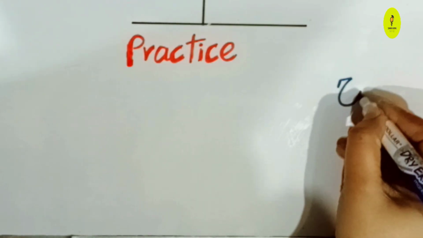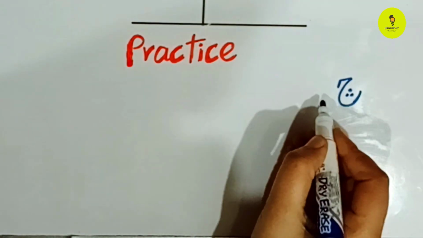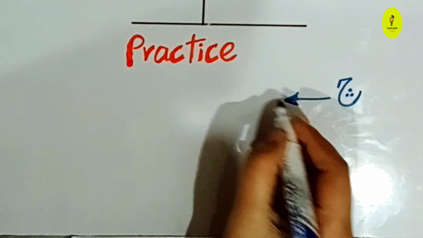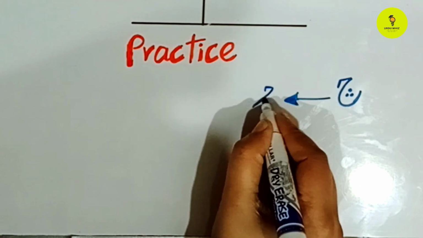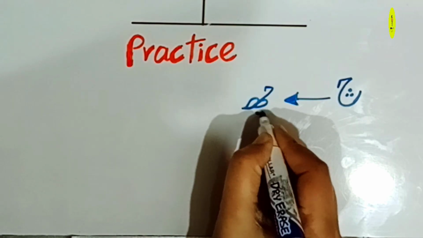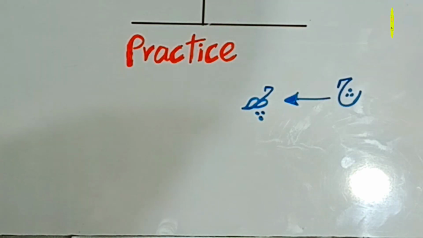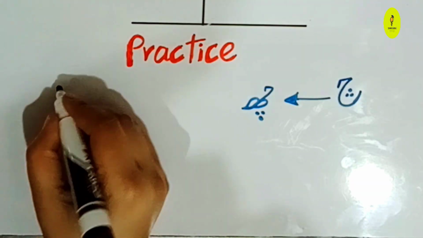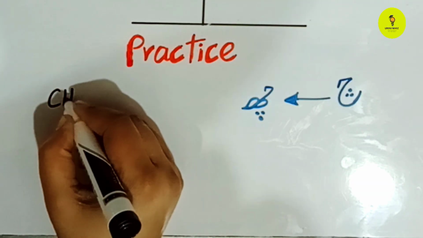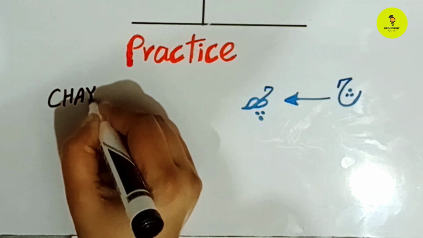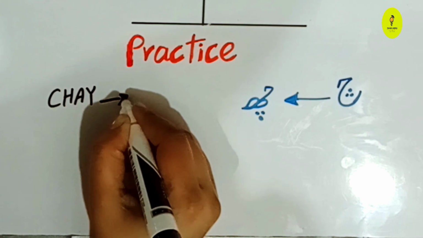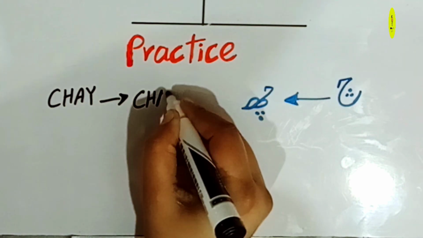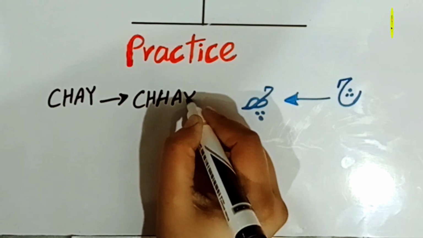This is the soft sound in Urdu, Chay, and its hard sound is Chhay. Now the soft sound in English is CHAY, and the hard sound is CHHAY.